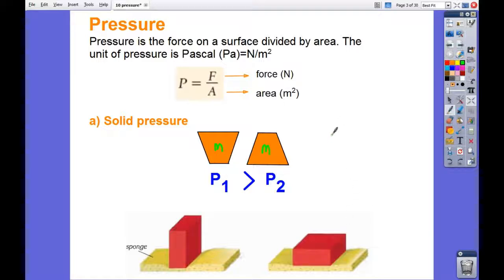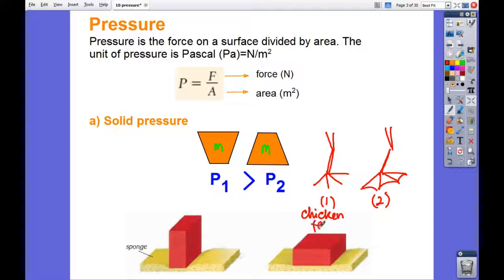That's what I love about nature. Some animals have a small area of feet, while others have a membrane on them. This one is the drawing of chicken feet, while the second one is duck feet.